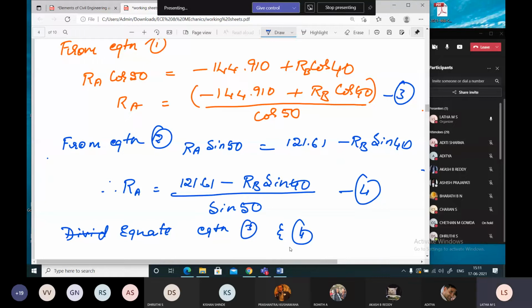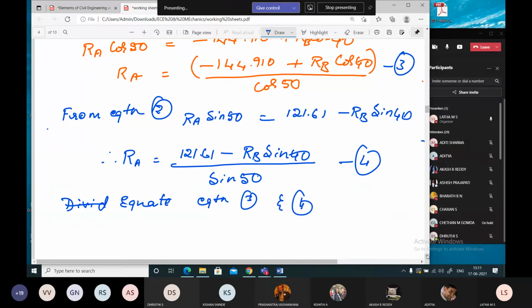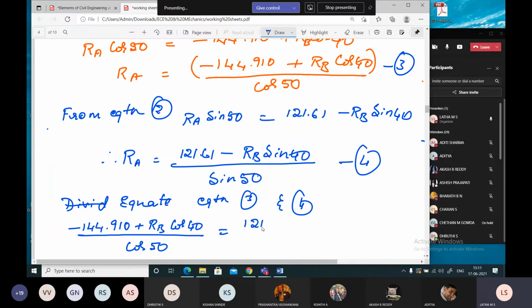On equating, we get minus 144.910 plus RB cos 40 divided by cos 50 equals 121.61 minus RB sin 40 divided by sin 50.